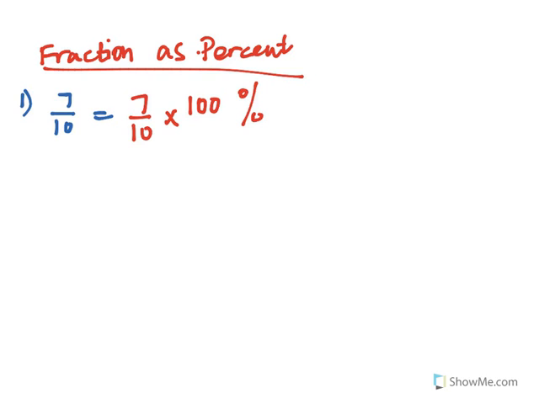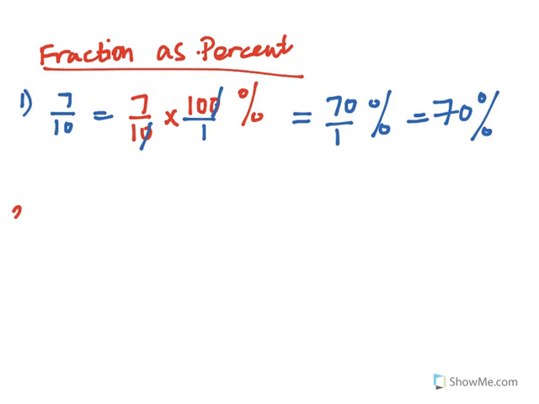Now 100 means 100 over 1. There is a 0 in the numerator which can be cancelled with the 10 in the denominator, so this becomes 7 times 10 is 70 over 1. Even if I don't write the 1, it doesn't matter. So 70 over 1% is the same as writing 70%.